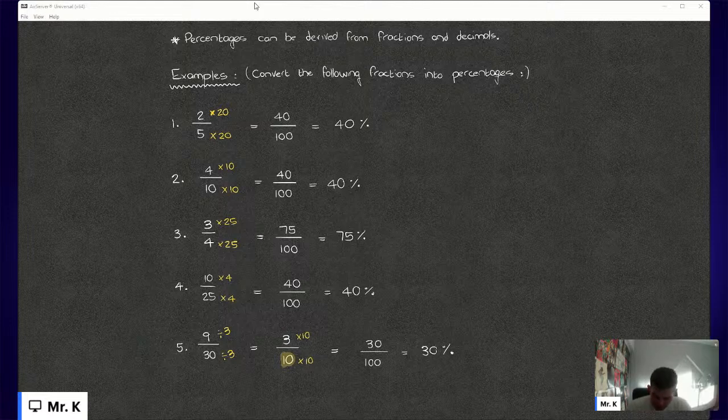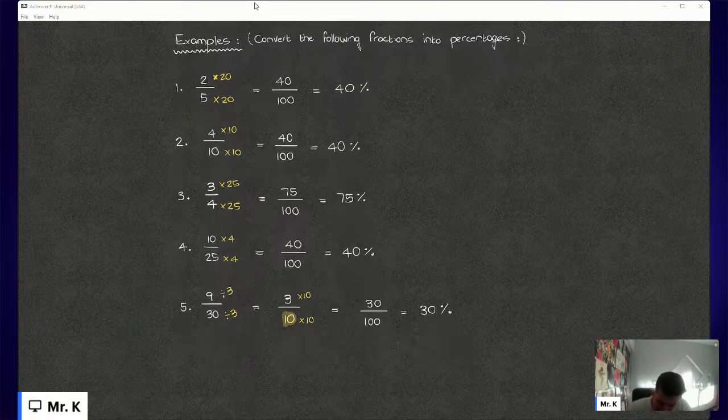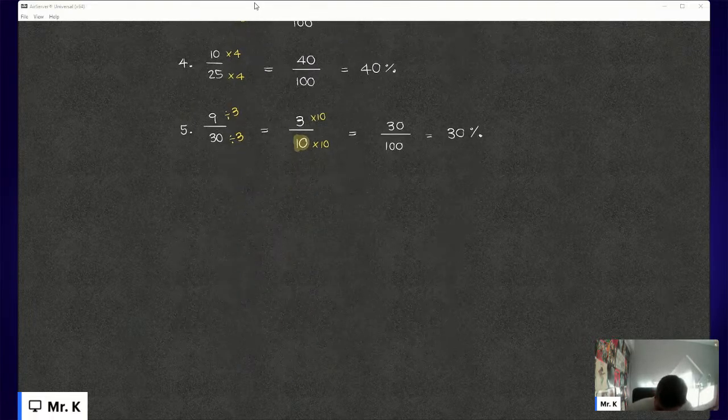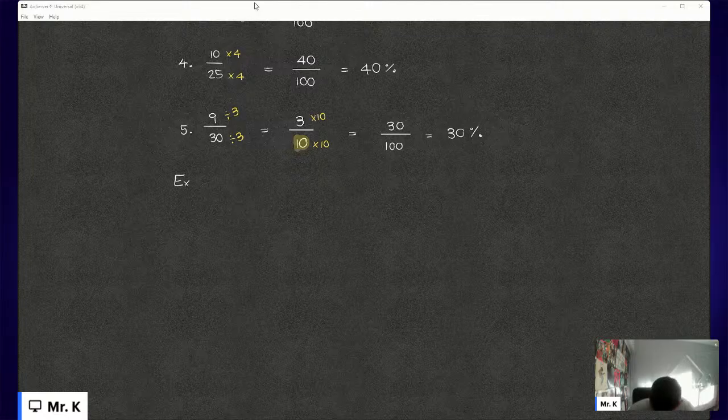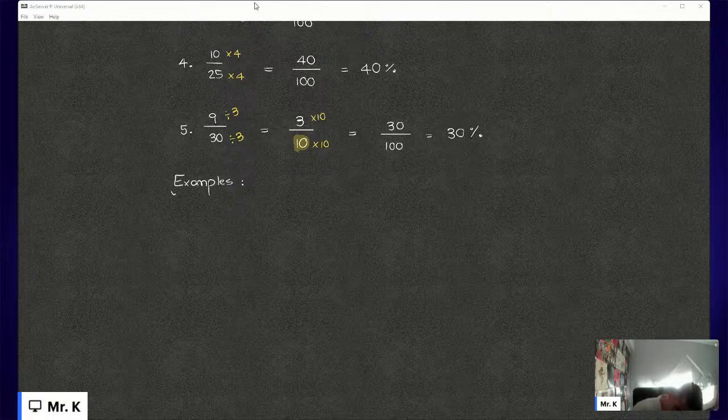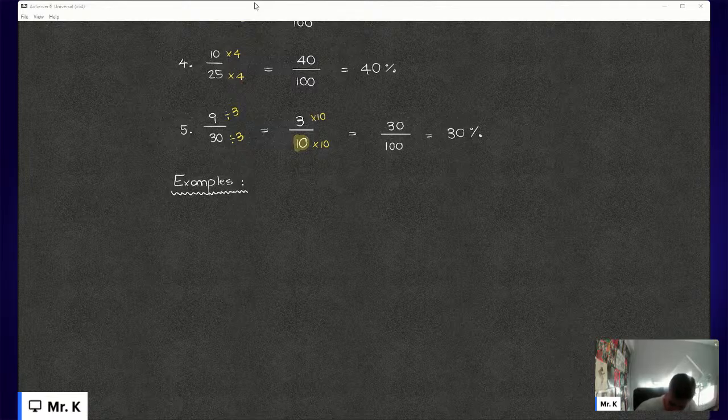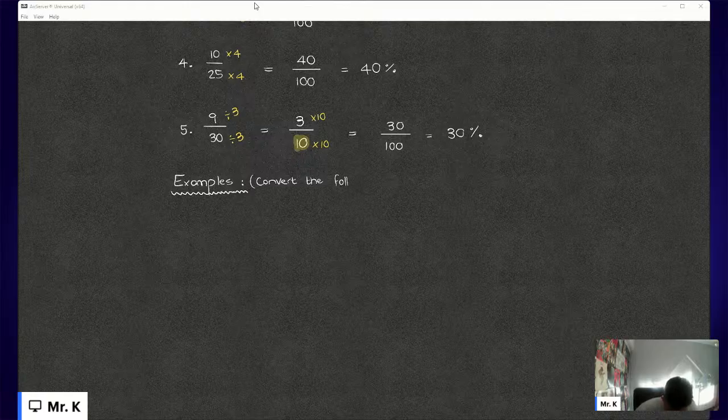All right, let's go ahead and take a look at how we would convert from decimals. So again, let's write a small subheading just so that we have different sections of examples, right? They each have their own question. Convert the following decimals into percentages.